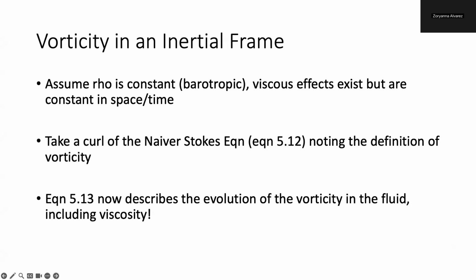So what about this thing, u dot del u? Now I need to cross it. So let's do that: del cross u dot del u. This is another vector identity. I'm going to guess that you haven't memorized it, and that's perfectly okay.